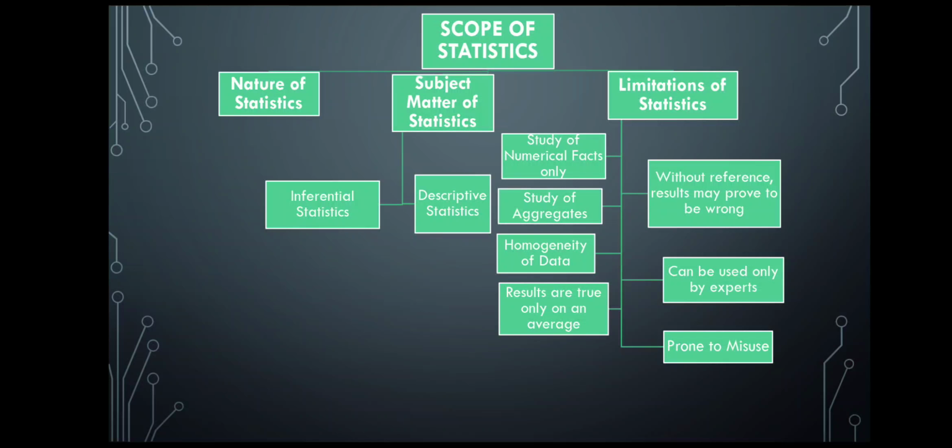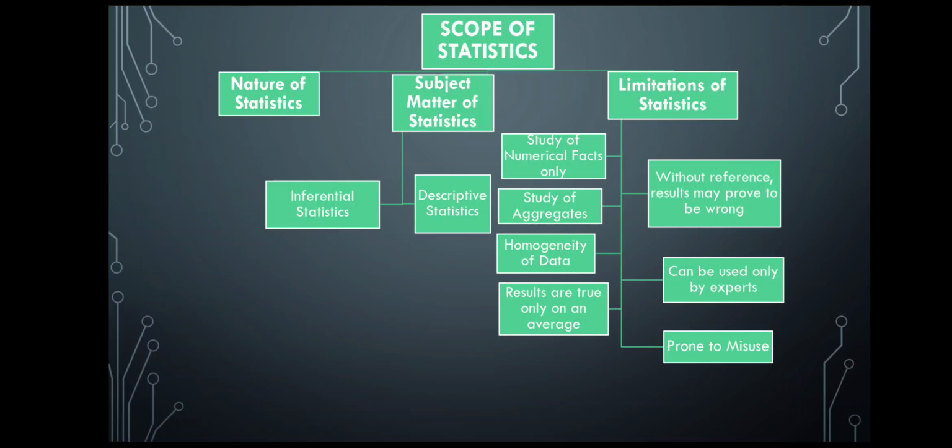So we have studied the meaning of statistics in singular sense, and after that we studied the scope of statistics. In the scope of statistics, it has 3 parts. Nature of statistics: we studied that it is both science as well as art. Subject matter of statistics constitutes 2 things, that is descriptive statistics and inferential statistics.